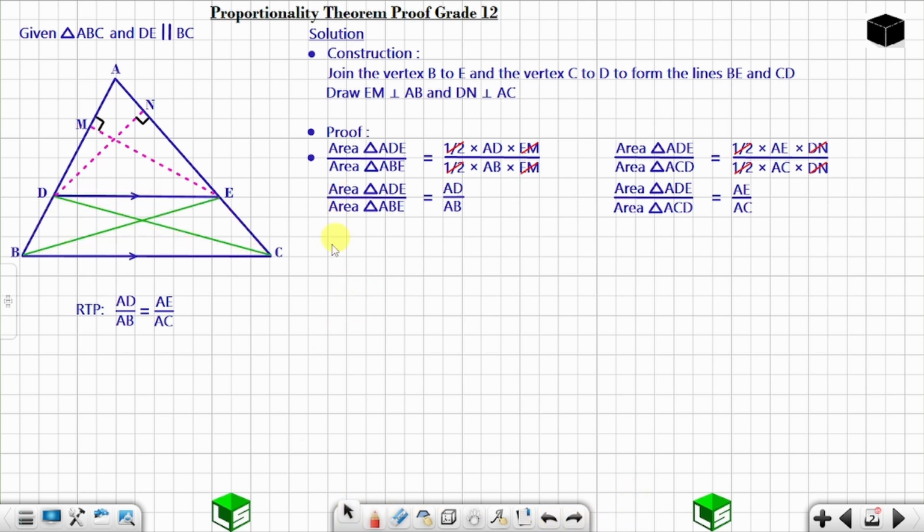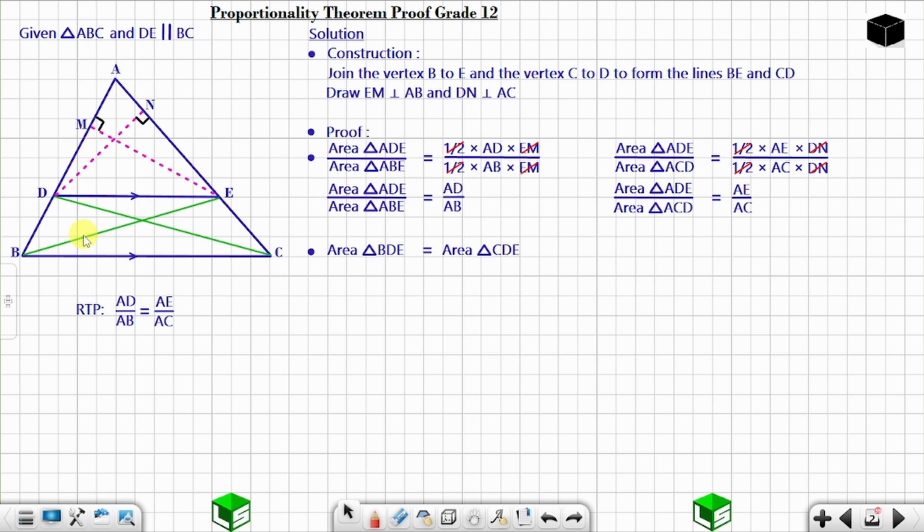You are going to say the area of this triangle BDE is equal to the area of triangle CDE. Why? Because the two triangles have a common base DE, and the height is the same. Let me show you.